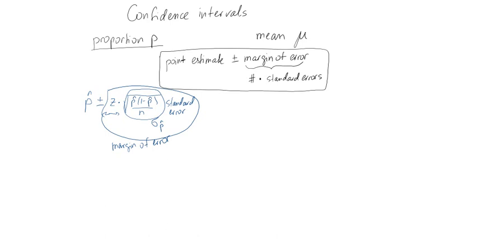When we talk about averages, it's the same idea. Your point estimate is x bar, and then number of standard errors is represented with t-scores. Standard error is s divided by square root of n. So again, this right here is a standard error, which is a sigma of x bar.